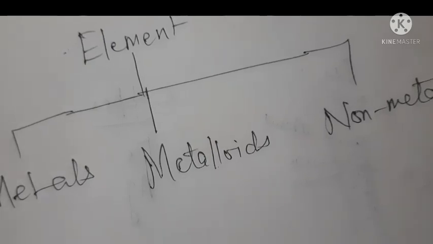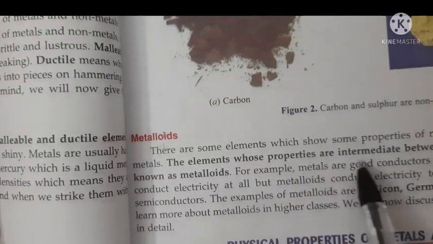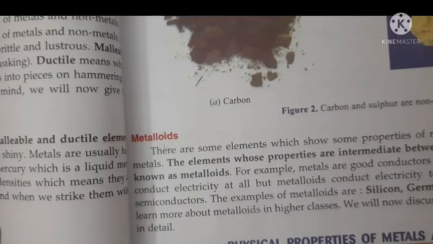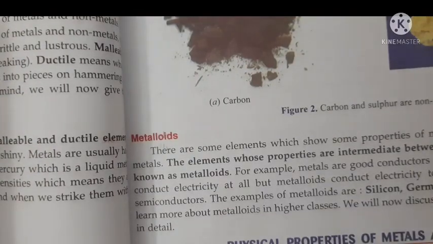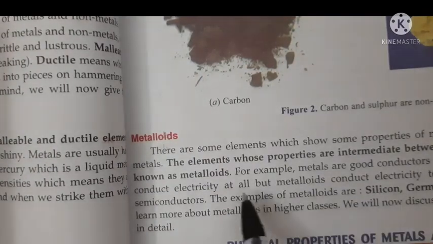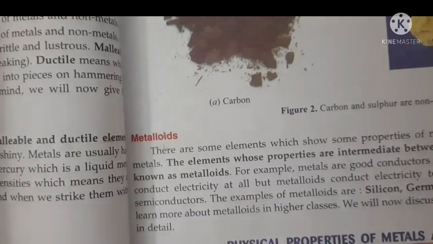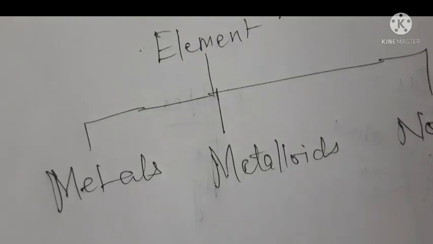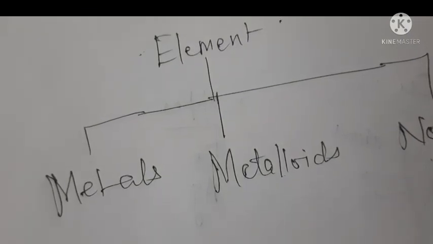In the middle, metalloids have properties intermediate between those of metals and non-metals. For example, metals are good conductors of electricity, whereas non-metals do not conduct electricity at all. But metalloids conduct electricity to some extent, so metalloids have intermediate properties. Understood? It's easy only.